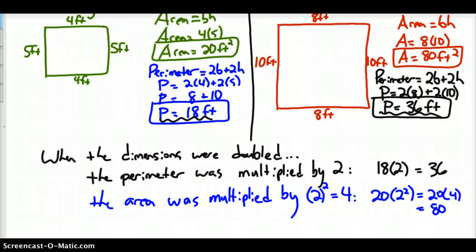So it's important to understand that the perimeter was just doubled, but the area was actually multiplied by 2 squared, which is 4. So the effects were a little bit different.